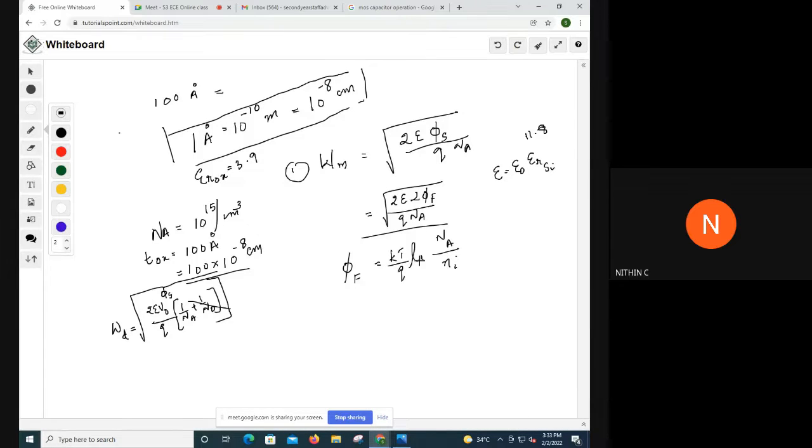Phi f is equal to Kt by Q Ln Na by Ni. By using this expression you can easily find the value of phi f, and then just substitute it here: epsilon 0, epsilon R SI, and phi f. Okay, try to do that.